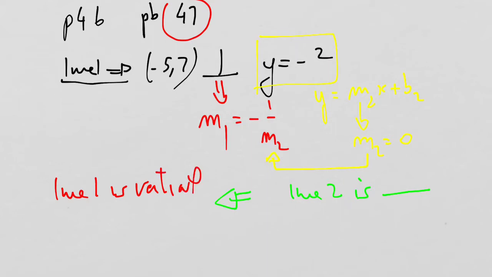And the line number 1 being vertical, going through the point (-5, 7), that implies that the equation of your line number 1 is x = -5.